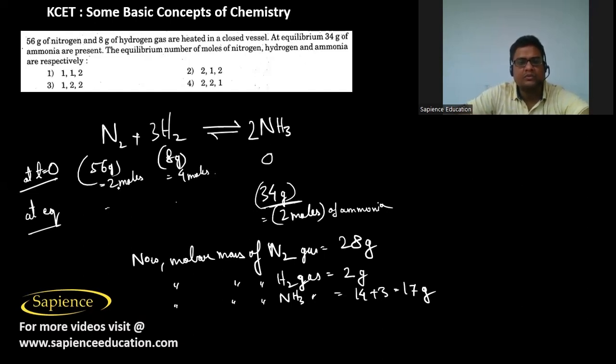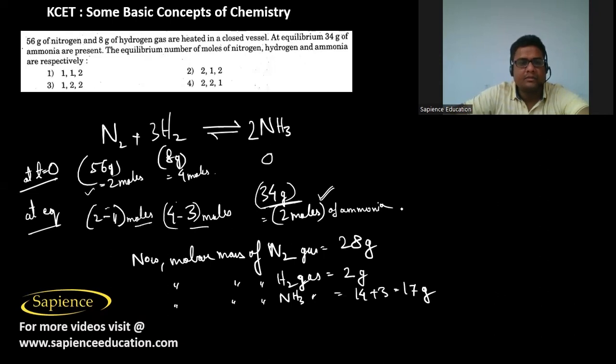So now 2 moles of ammonia is formed, so it means that 1 mole of nitrogen has reacted. So 2 minus 1 moles will remain. And since 1 mole of nitrogen reacts to form 2 moles of ammonia, 3 moles of hydrogen will be reacted. So 4 minus 3 moles of hydrogen will remain unreacted.